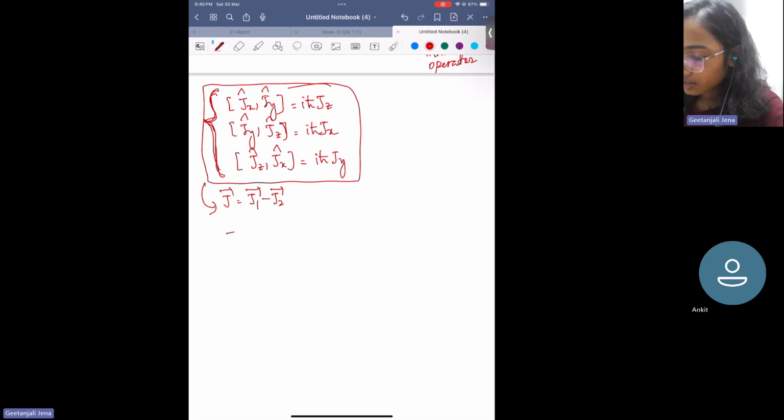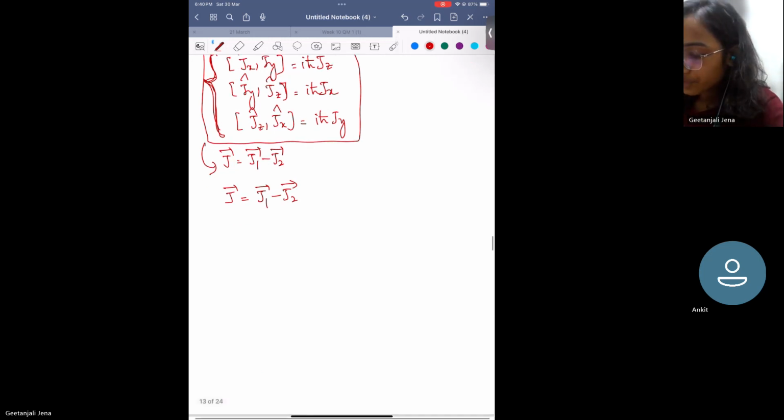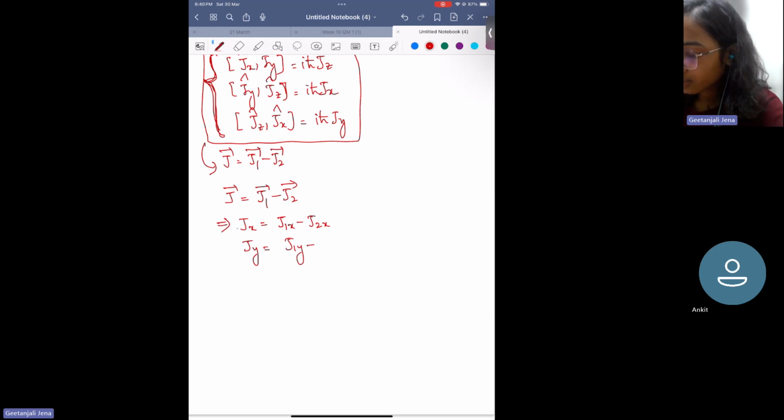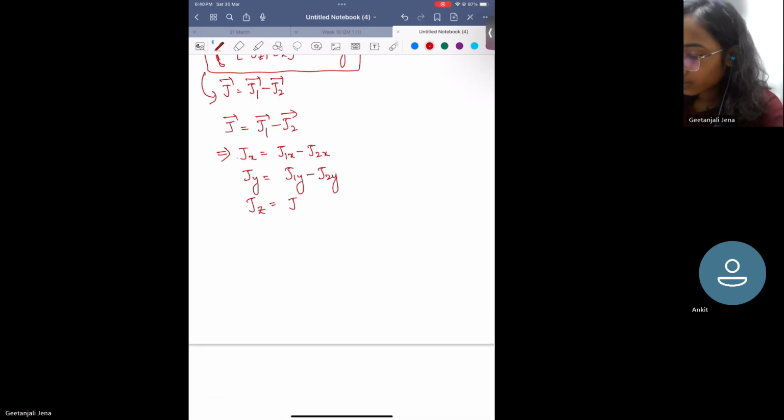So given J equal to J1 minus J2, Jx equal to J1x minus J2x, Jy would be equal to J1y minus J2y, and Jz equal to J1z minus J2z.